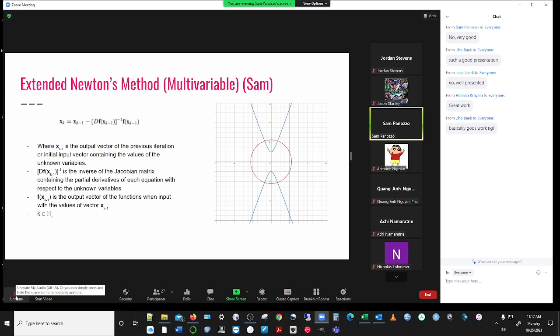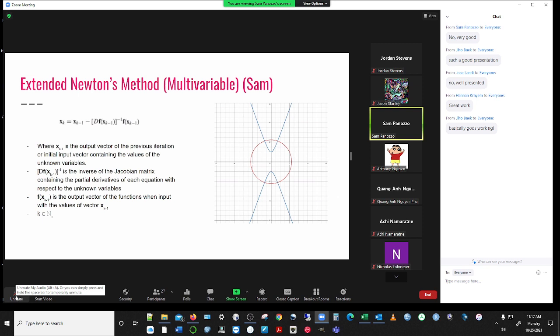So in the multivariable method, what we do is, instead of finding the roots of the function, we find where the functions intersect with each other. So we're mainly focusing on two variable functions.